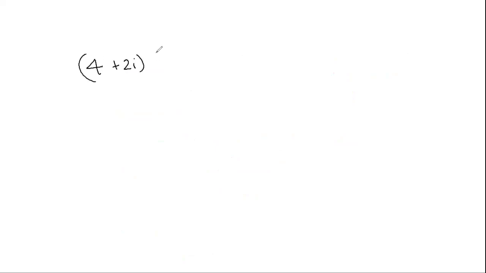Just calculate once yourself: 4 plus 2i into 1 minus 3i, plus 2 minus 3i into 4 minus 5i. You have to calculate this. This is the last question of the day. Did everybody write the question?